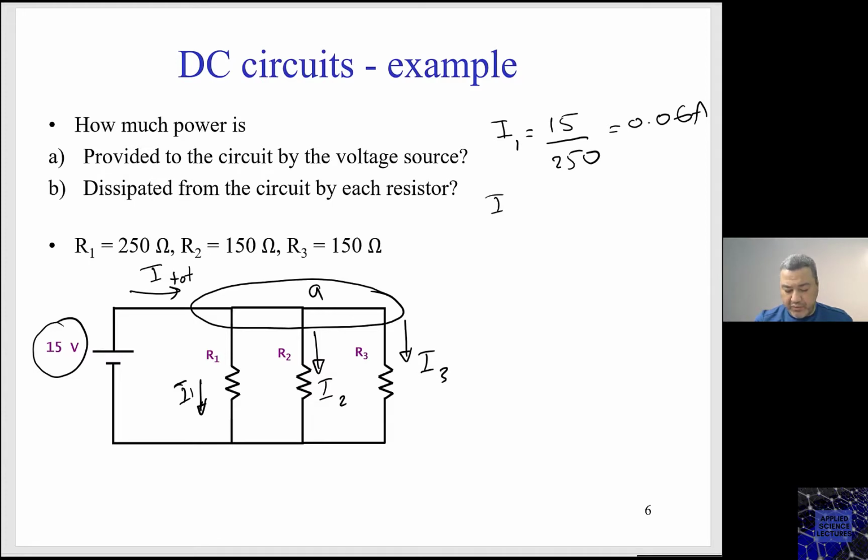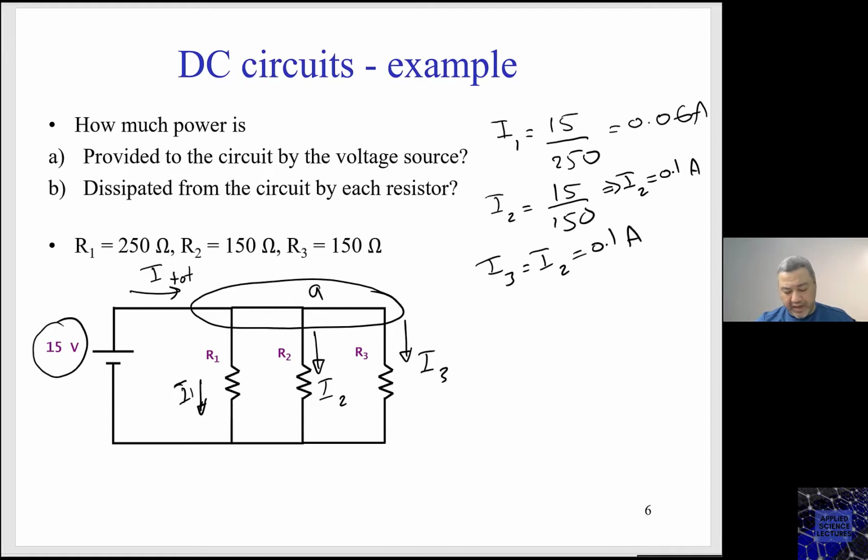Then I have I2, 15 volt divided by 150, and this is 0.1 ampere. I have I3 equals to I2 equals to 0.1 ampere.